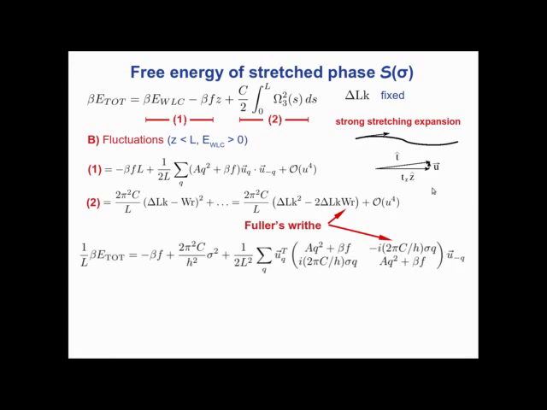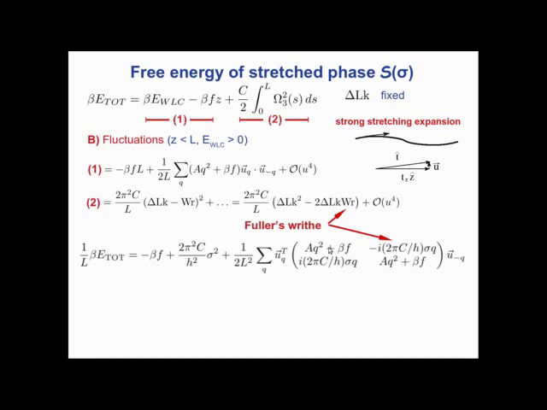So remember that this u is a two-component vector. It's a vector lying in the xy plane. So its Fourier transform is also a two-component vector, with the x and y component. That's why this matrix is a 2 by 2 matrix.